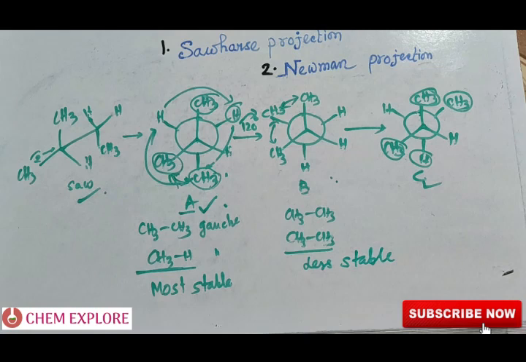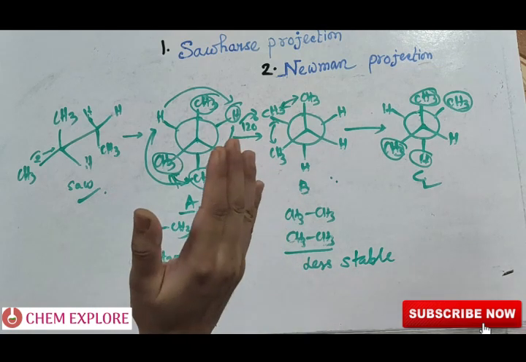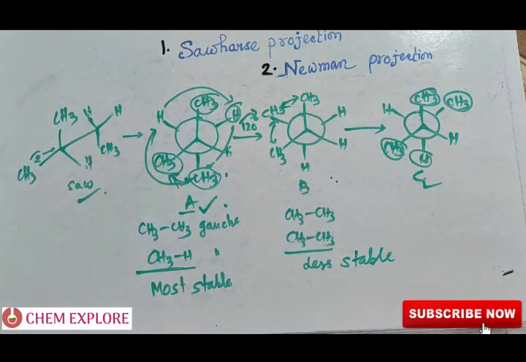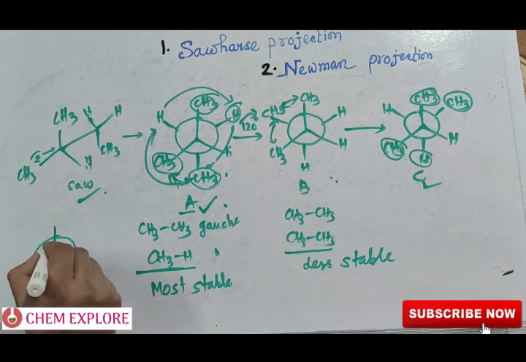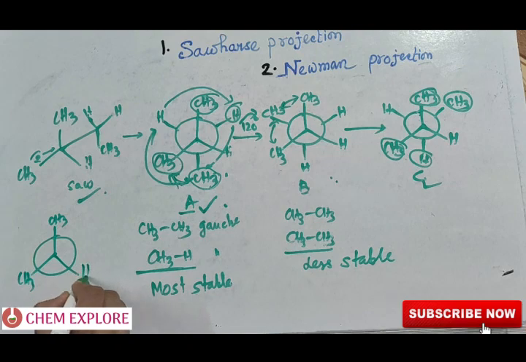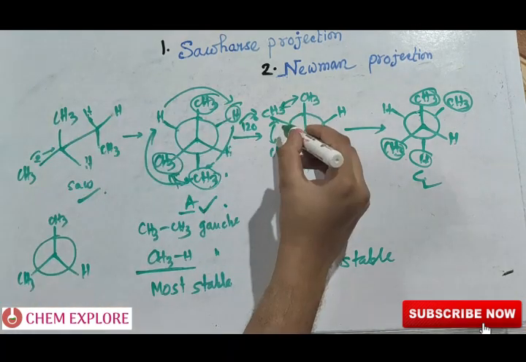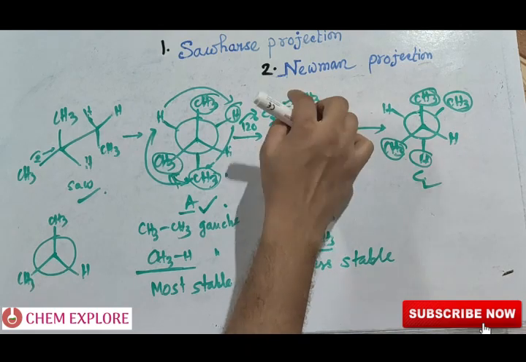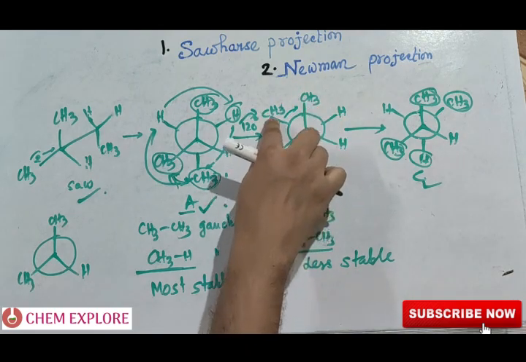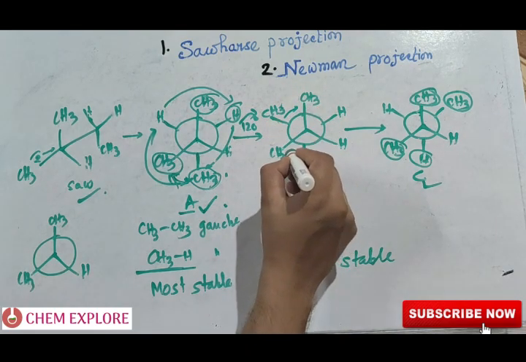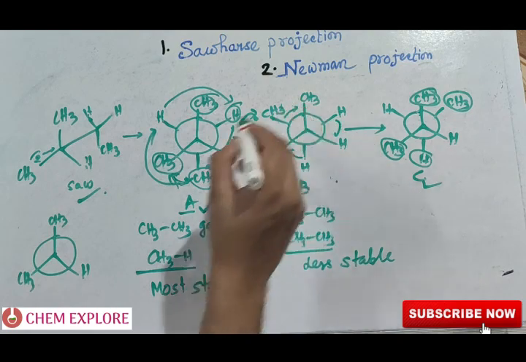What is the eclipsed conformation? Let's take the same molecule, you can write it this way, and if you rotate this molecule by 60 degrees clockwise, then what will we get?